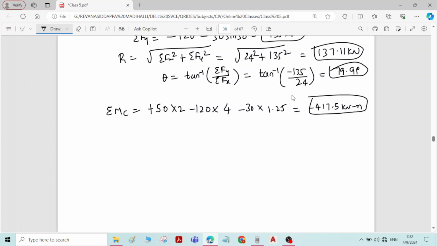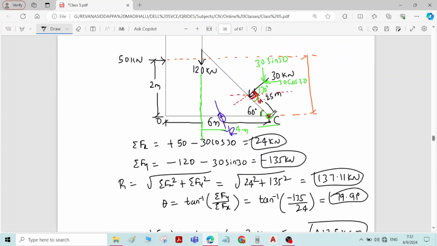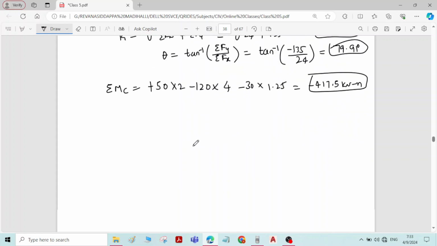Okay, so why did I tell you to calculate the moment about C instead of the moment about O? You will have a direct calculation, 30 into 1.25. If you try to calculate the moment about O, you have to use components and you need to find the perpendicular distance. It is very difficult. That is why I told you to calculate the moment about C. Okay.